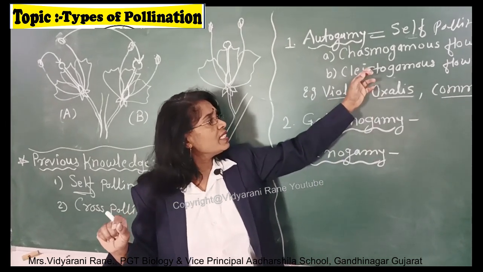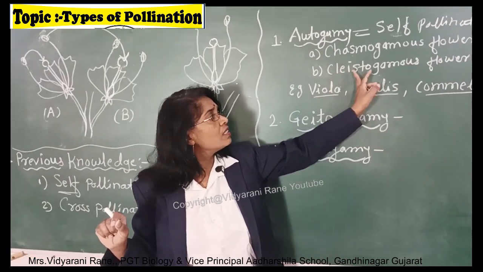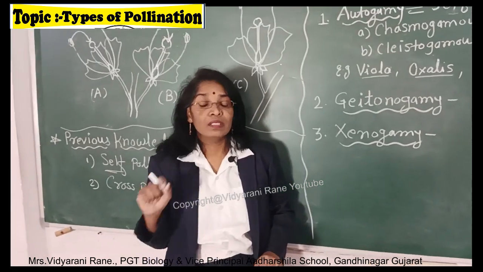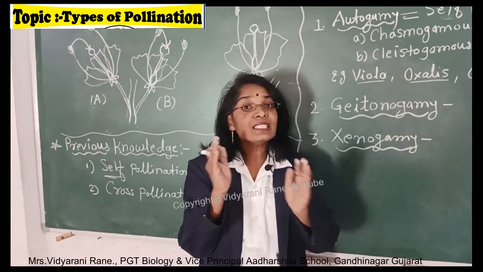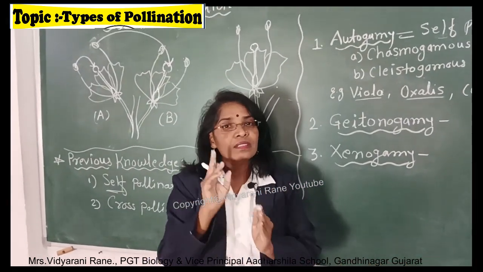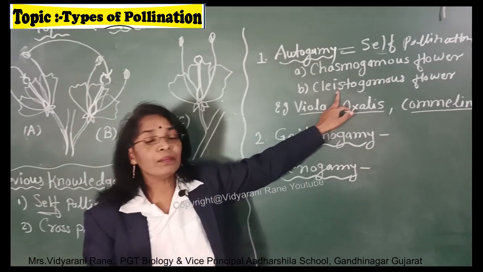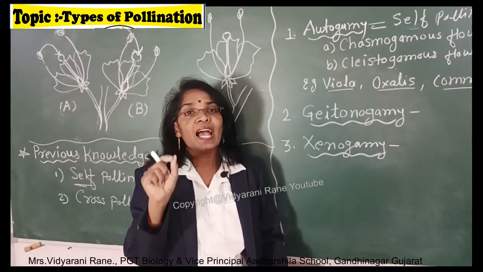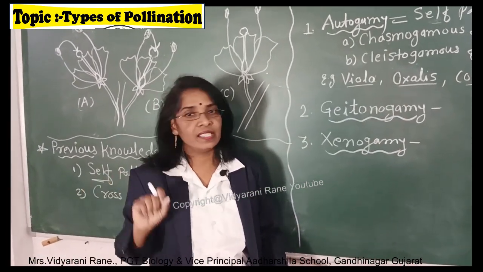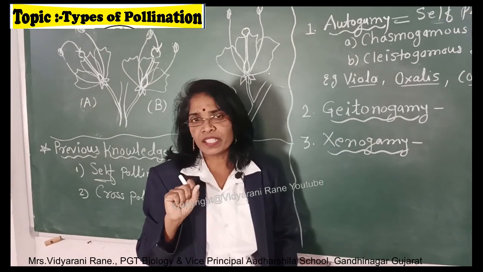Now what is the characteristic of the cleistogamous flower? As it is closed, even then 100% autogamy takes place in it, in the absence of a pollinating agent. Now what is a pollinating agent?